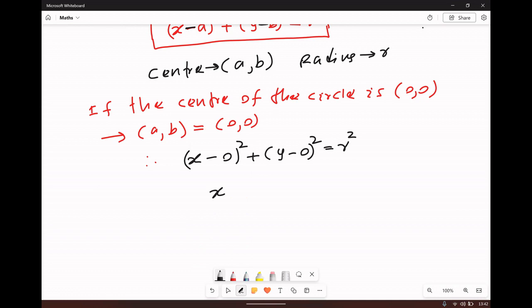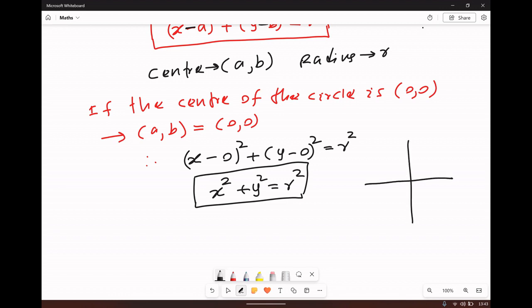So we can simplify to x squared plus y squared is equal to r squared. So this is another format of the equation of a circle. This will provide the equation of a circle which has the center at origin. So for example, if you look here, we have an xy coordinate system, and we have a circle where the center is at (0, 0). So then this is the radius now.